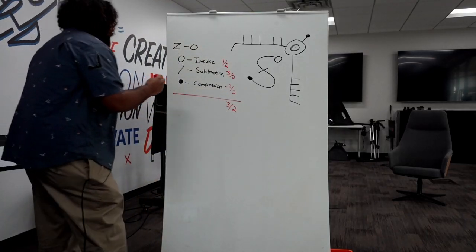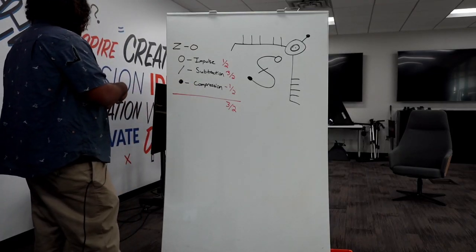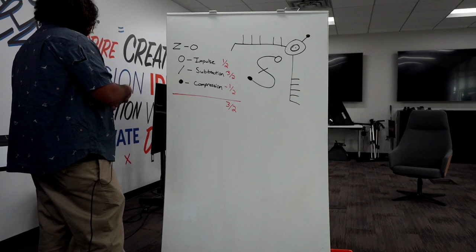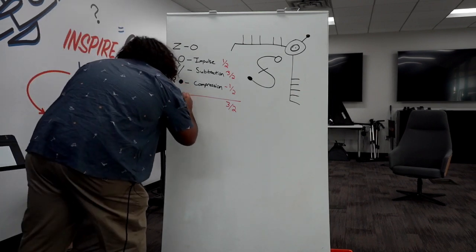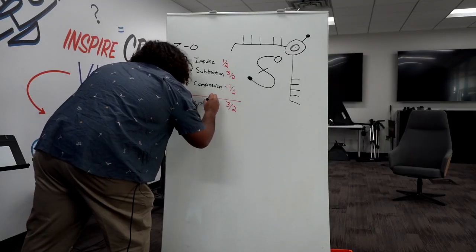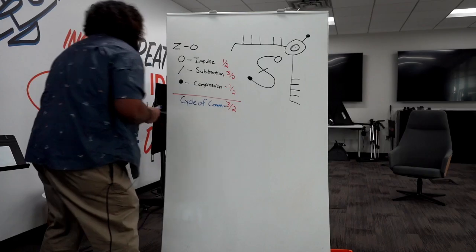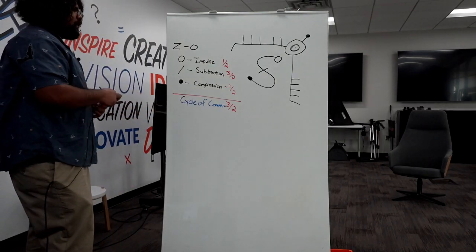So our definition of one cycle of communication is that it is going to equal about 3 halves units.